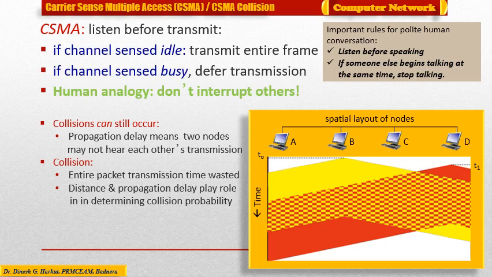Node B thus begins transmitting the data. Its bits propagate in both directions, forward as well as backward, along the broadcast media.